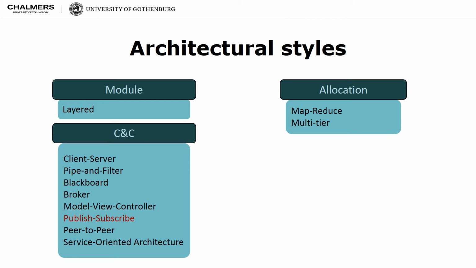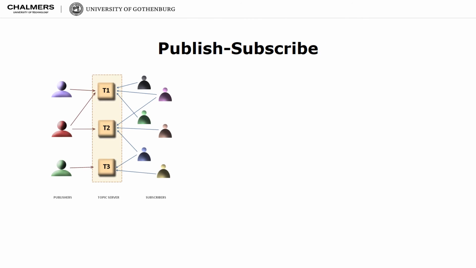Next, we cover publish-subscribe. In software architecture, publish-subscribe is a messaging style where senders of messages, called publishers, do not program the messages to be sent directly to specific receivers called subscribers, but instead characterize published messages into classes without knowledge of which subscribers, if any, there may be.